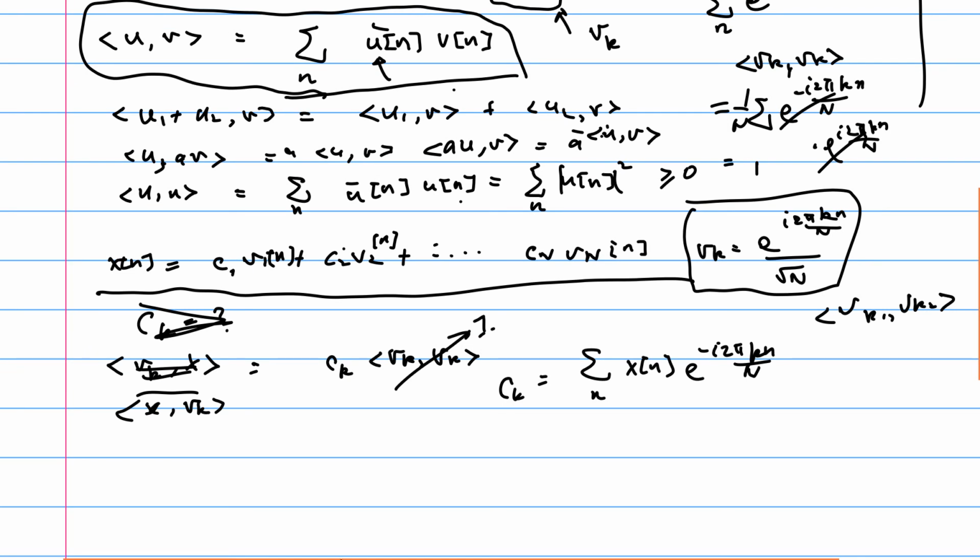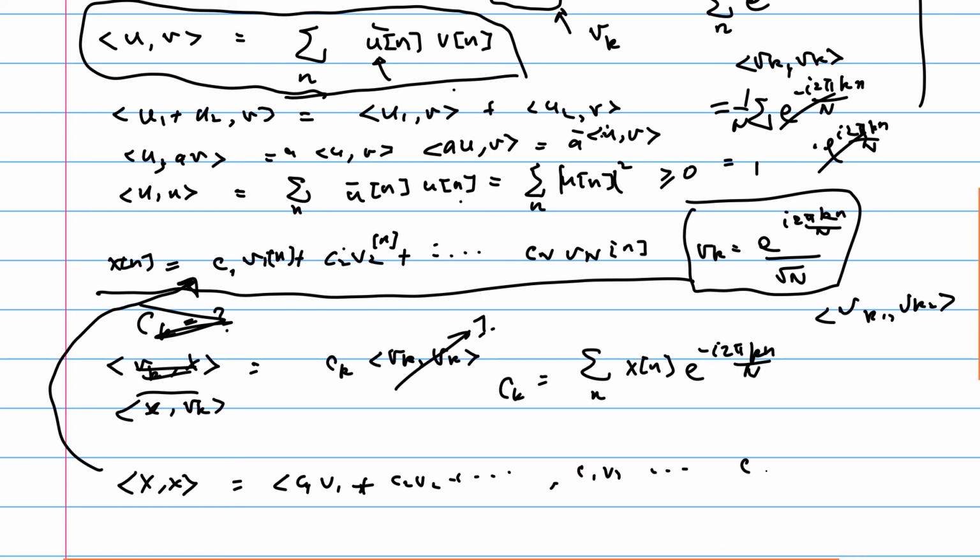So for example, if I look at x and x, I have that signal in the original basis, and I can think of it as a weighted sum of all these bases, right? I can write it as C1 V1 plus C2 V2 and so on, up to Cn Vn.